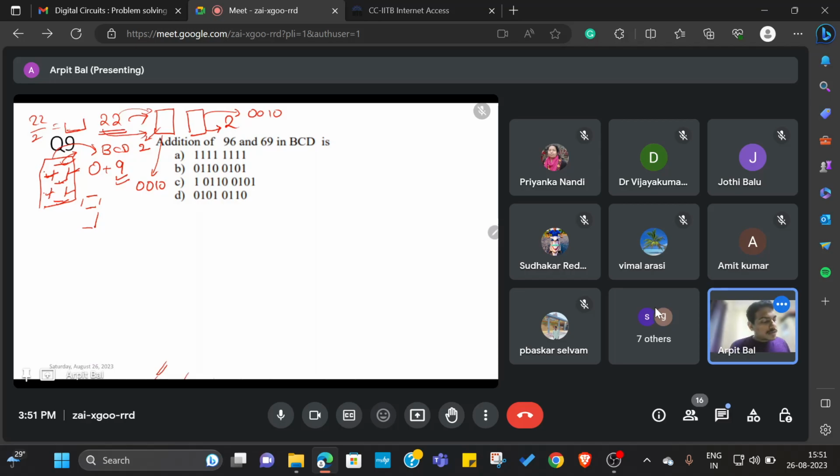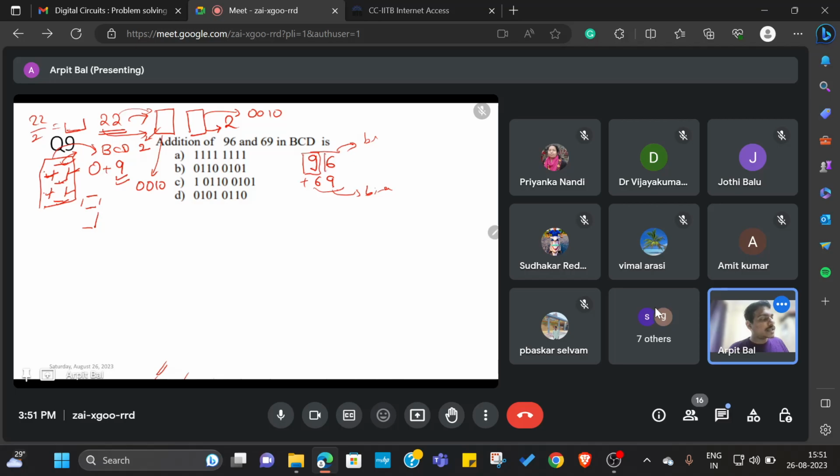Now moving on to the question. We have to add 96 and 69 in BCD, so 96 plus 69. The first thing we need to do is not convert 96 or 69 into binary using the long division method, because these are representations in BCD.